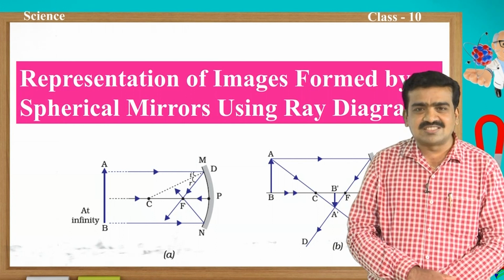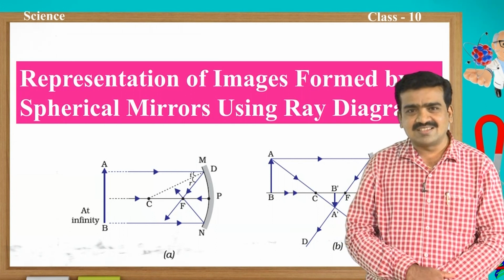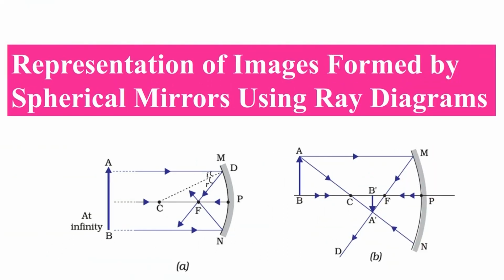The first concept of today's class is representation of images formed by spherical mirrors using ray diagrams. When you conduct an experiment using a concave mirror and a screen and place the object at different distances, you get the image according to the position of the object placed in front of the mirror.